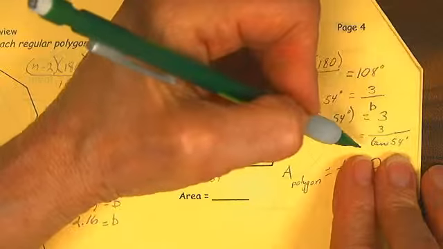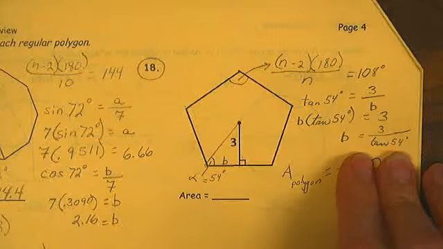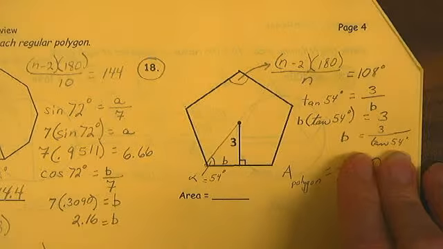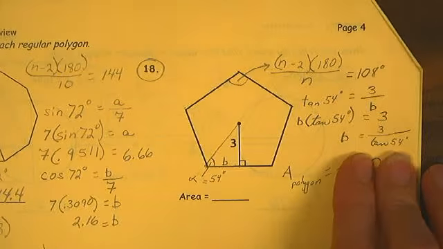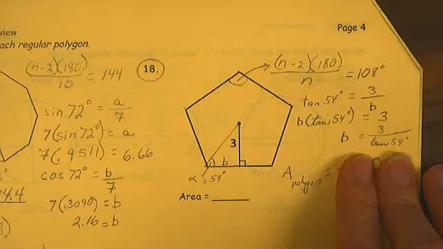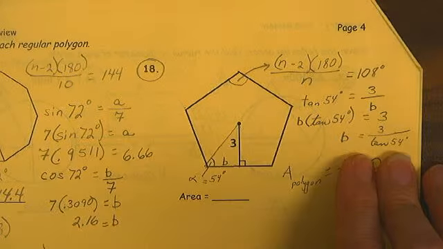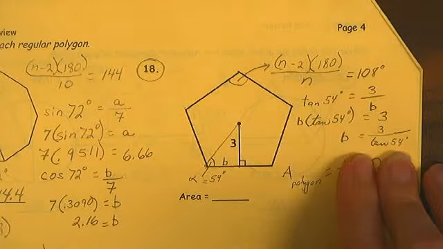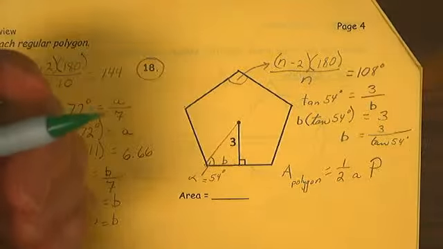What is the tangent of 54 degrees? Well, first I have to check and make sure my calculator is in degrees, and it is. The tangent of 54 degrees, it turns out, is 1.3764.